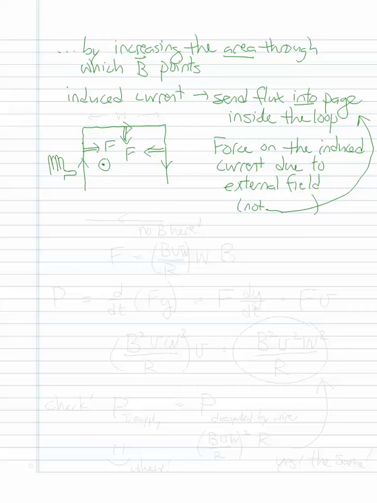In fact, this is the force that I'm having to counteract in order to make it move at constant speed. So this force through the top, and of course there's no force in the current through the bottom. Why? There's no B field.